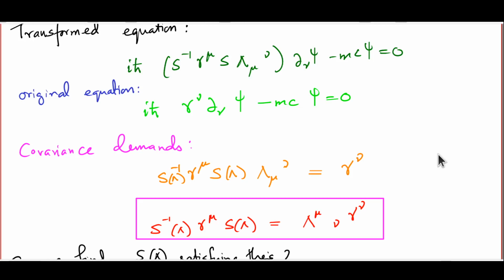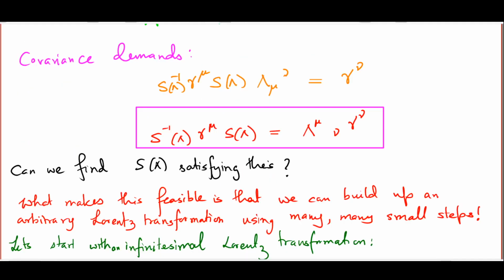So in a sense, the gamma mu's are strongly related to vector components, although, as we all realize, these gamma mu's are not numbers, these are matrices. So our job now is to find out for any given lambda a 4x4 matrix S of lambda which will satisfy this particular relationship. This does seem like a rather tall order.